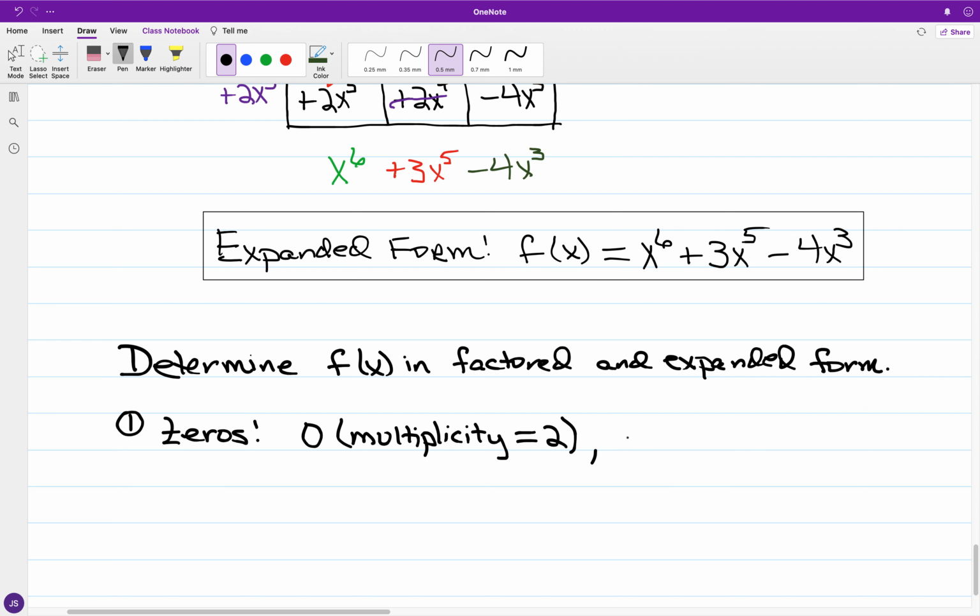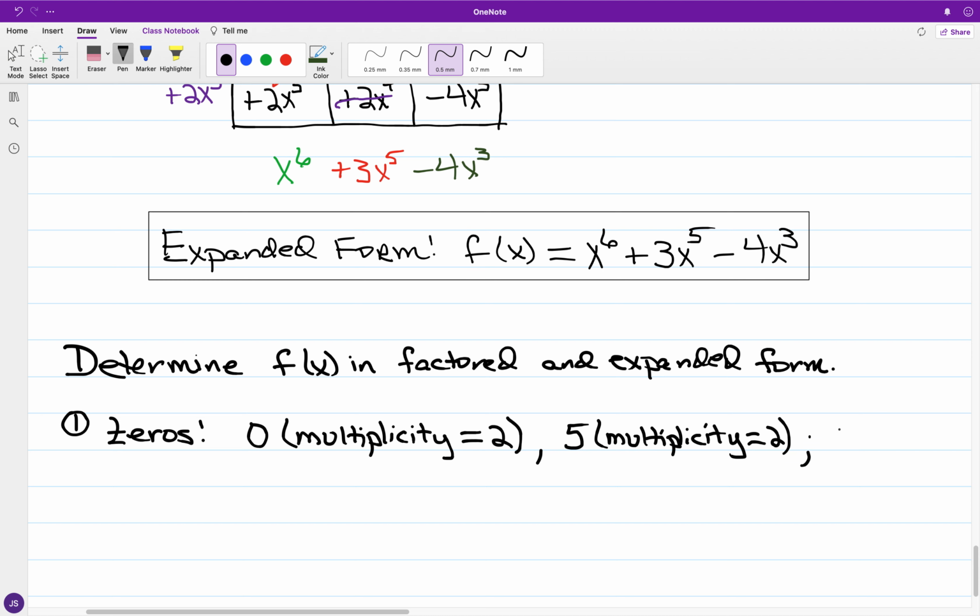Then we'll say that 5 is also going to have a multiplicity of 2, and the resulting degree of the polynomial is going to be 4. And for the next few moments, let's see what we get for this particular polynomial in factored form as well as expanded form, given two zeros, both of which will have a multiplicity of 2, and where the expanded form is going to have the highest order degree in x to be 4.